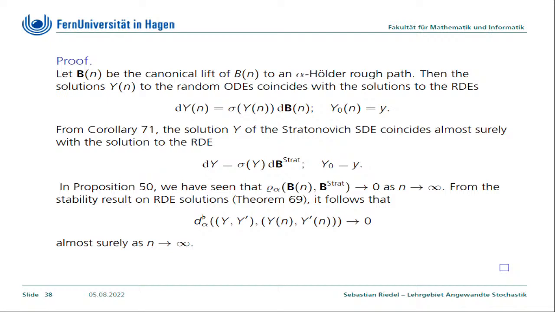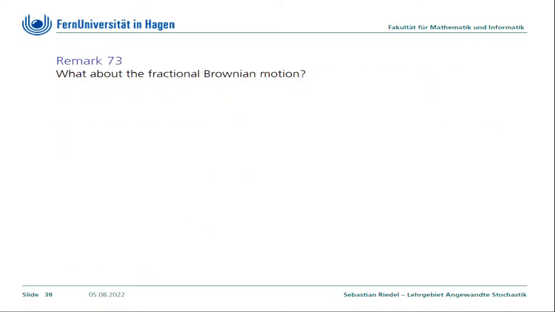So this is true almost surely as n goes to infinity. And in particular, only looking at y and yn here, by definition of this metric, yn goes to y almost surely in the alpha Hölder metric as n goes to infinity. Okay, so this gives you a proof now of the Wong-Zakai theorem.